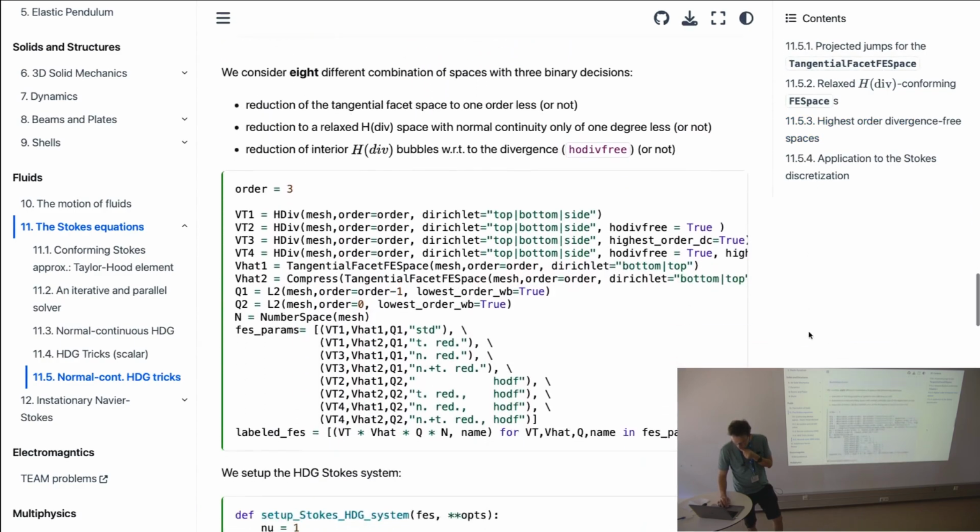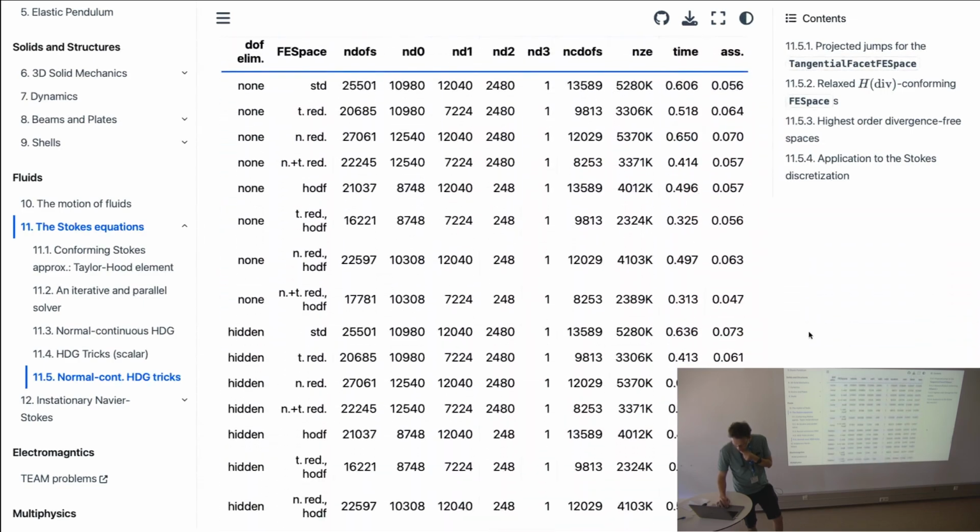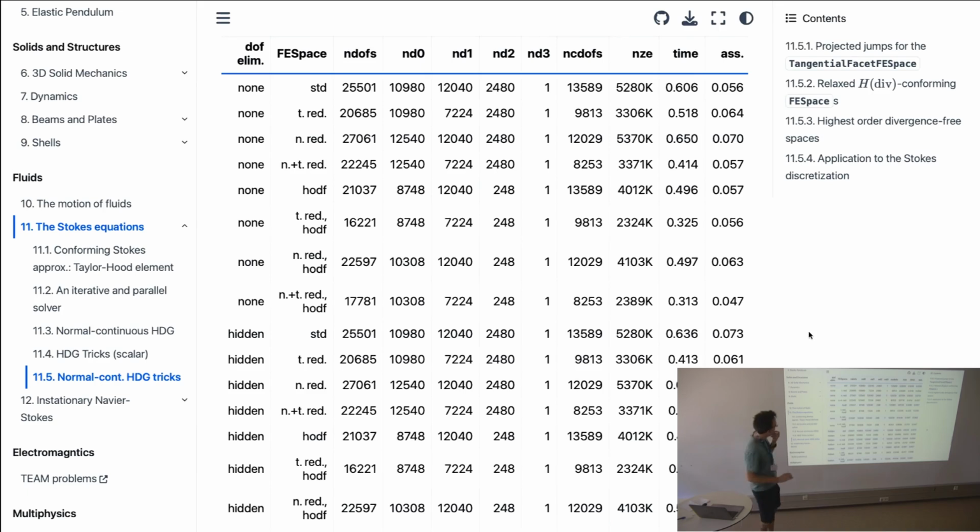Essentially, the final thing we can have is this large table where you can compare different options. You take the finite element space, the standard one, so the one that Philip already discussed. Now we do the projected jump, so the highest order discontinuous for the facet space. We do this not for the facet space, just for the HDiv, or we do both.